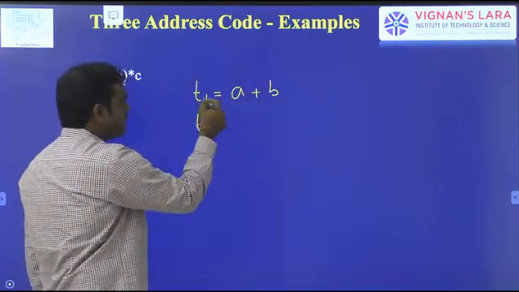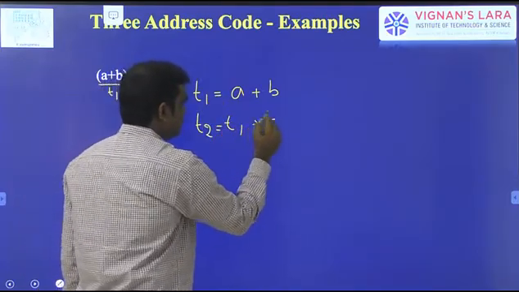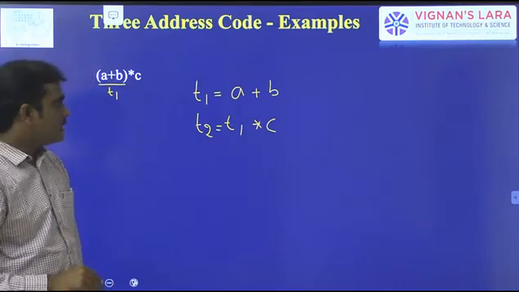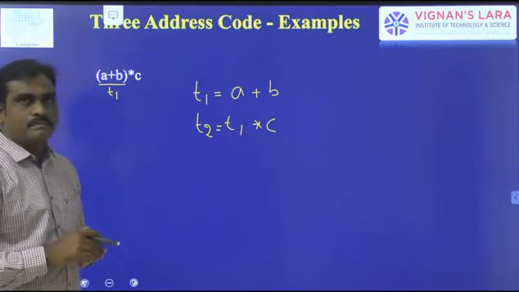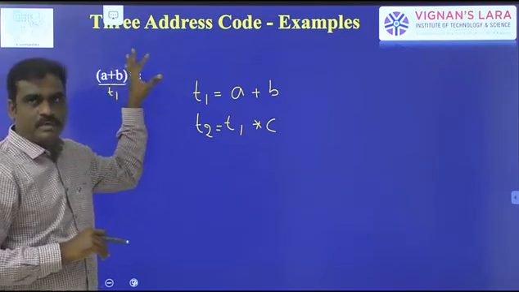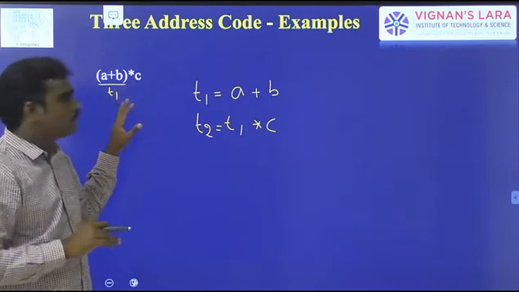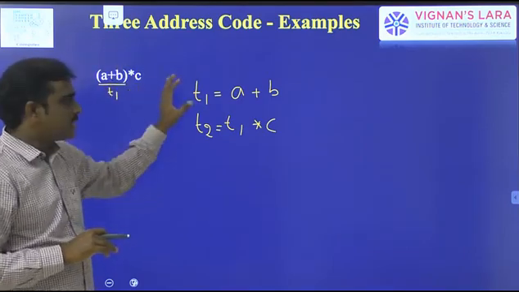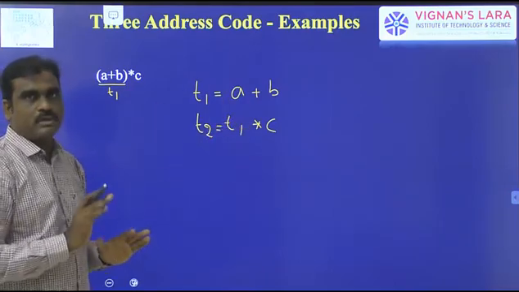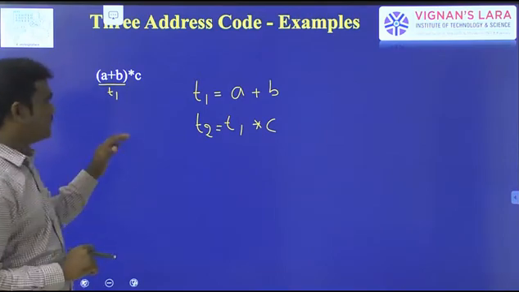The A plus B value is already stored in T1, multiplied with C. So the basic condition is, first understand the given statement or code, its flow and meaning. Based on that, we have to construct the 3_ statement without changing the actual meaning of the given statement. So this is the second example.